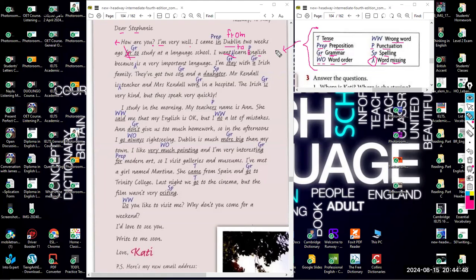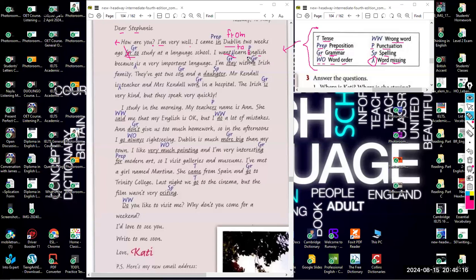I have to capitalize the first letter in English, not only in the English language. If you want to mention French, Spanish, Japanese, absolutely, you have to capitalize the first letter. Okay? So it's considered a punctuation mistake, not a spelling mistake. This is a punctuation mark mistake, especially capitalization. Okay?